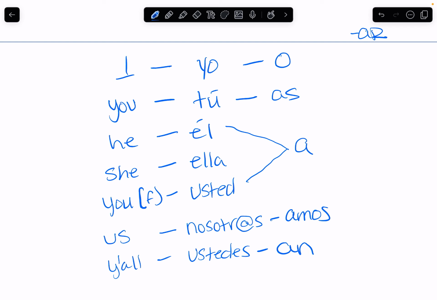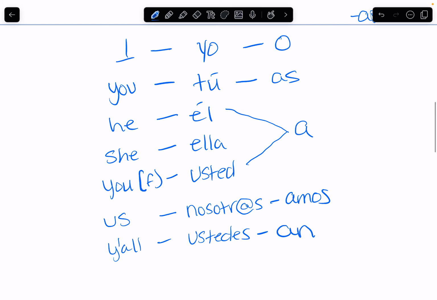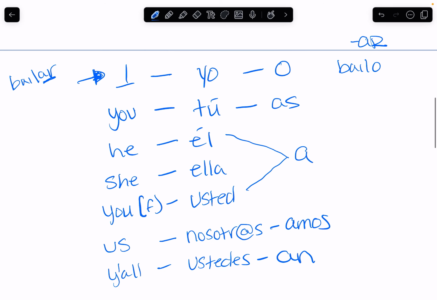Ustedes is an. So what does this mean? So if I have the word bailar and it ends in an AR, and I'm trying to say I dance, I would say yo bailo. Because what I'm doing is dropping the AR that you see here and changing it to the correct ending.